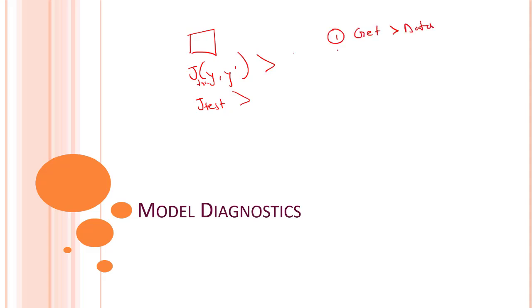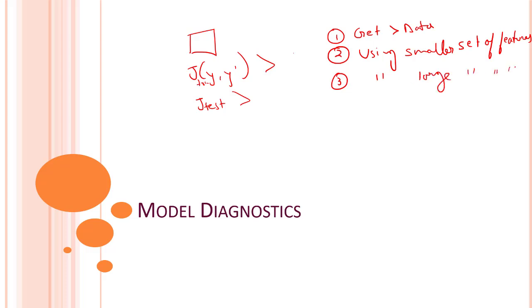get more data. The second thing you might try is using a smaller set of features, or columns. Or you might increase using a larger set of features, add more features if you can get them somehow. Or you can try polynomial features.